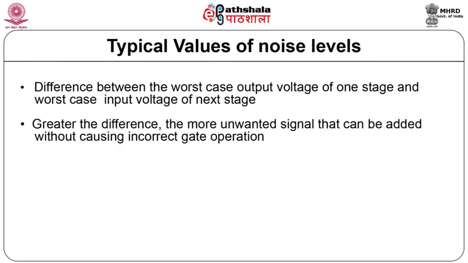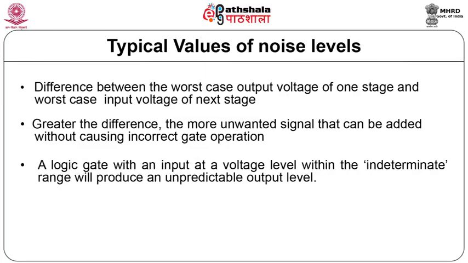The greater the difference, the more unwanted signal that can be added without causing incorrect gate operation. A logic circuit with an input at a voltage level within the intermediate range will definitely produce unpredictable output levels. Noise margin is 2.5 volt minus 0.8 volt, which is equal to 1.5 volt for the TTL logic family.